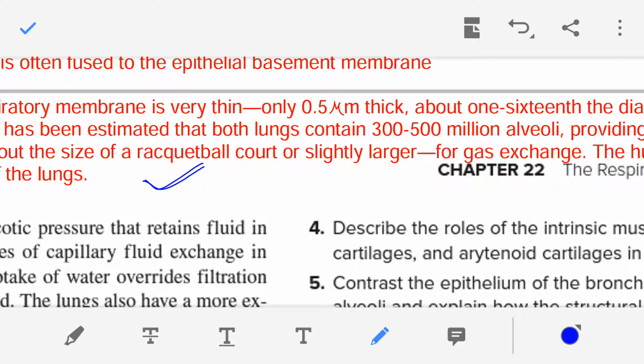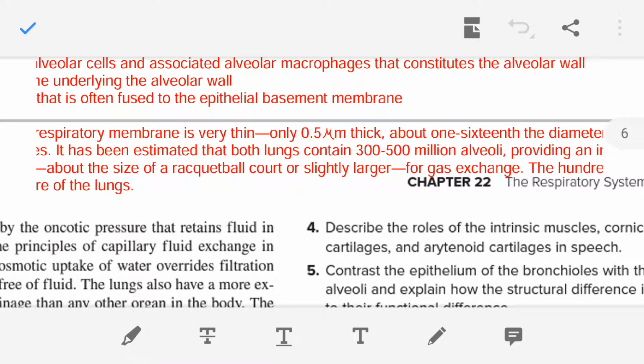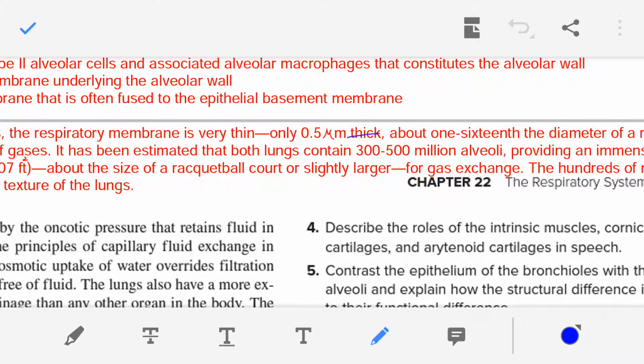Two players are playing, and the player hits the tennis ball on the wall, and then the second player hits the tennis ball, and this way they play the game. So the surface of the 300 to 500 million alveoli is approximately very close to the court of the racquetball.